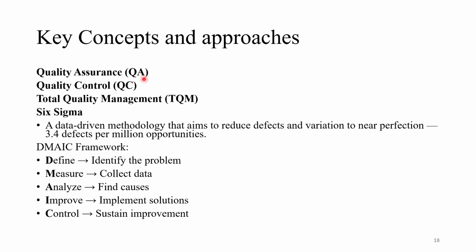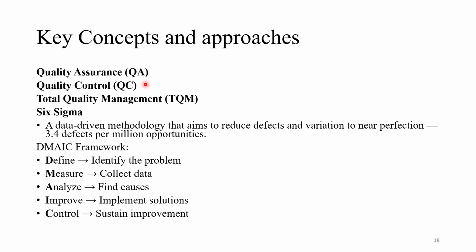Other than this, QA and QC. Quality assurance is called the preventive side. While making the product itself, you are going to assure that the packaging is not disturbed or that the product is not being put in a lesser quantity. While the process is being converted into the product, you ensure that it is good.